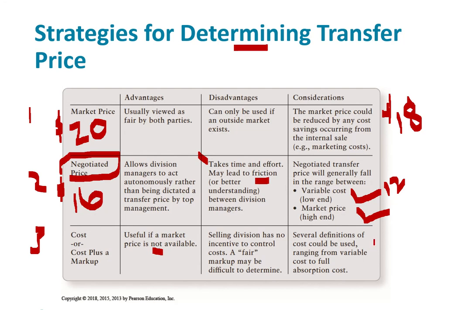This is typically ranging from the variable cost, which we termed as $12, to the absorption cost, which is GAAP and includes the fixed amount. So let's say that that's $15. And so typically speaking, you can use cost as anywhere from $12 to $15.